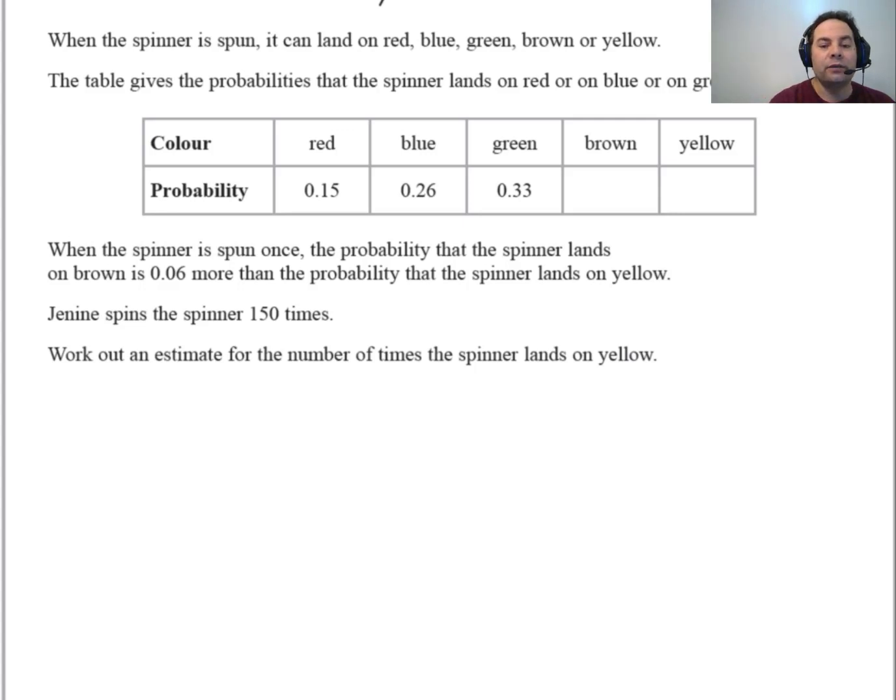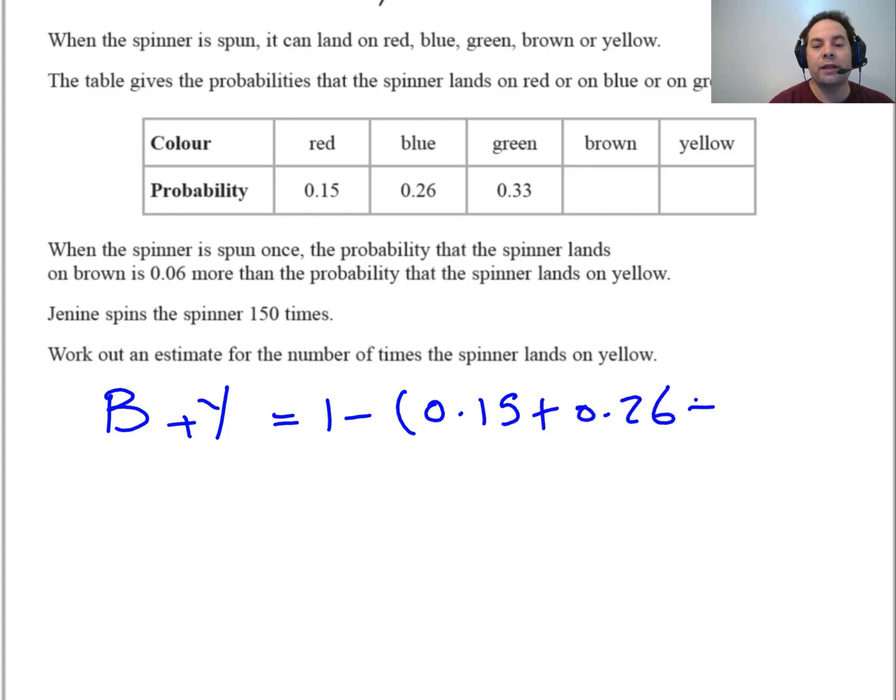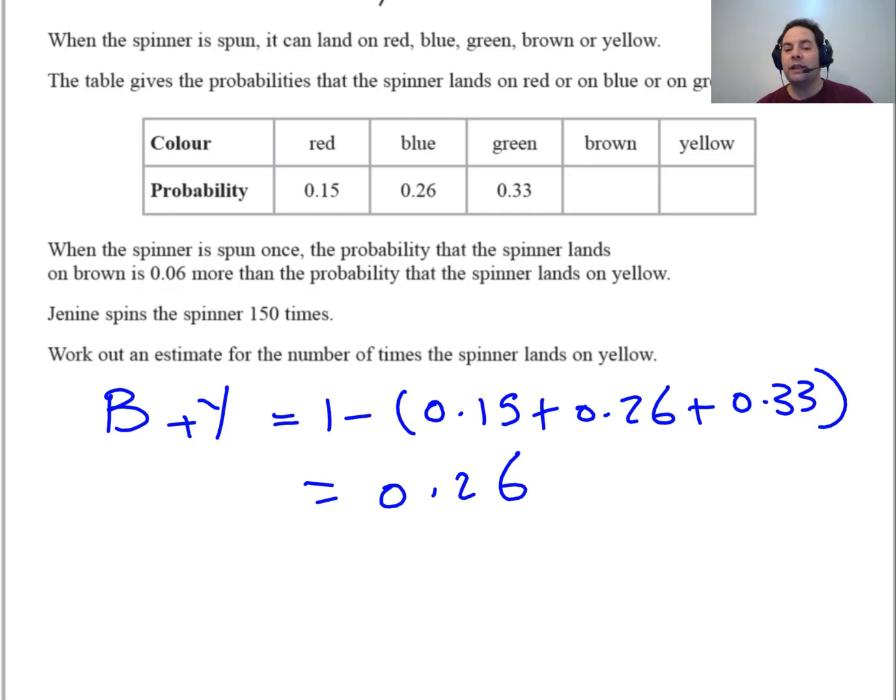Brown and yellow, let's say B and Y, is equal to 1 minus the sum 0.15 plus 0.26 plus 0.33. This answer gives 0.26. If it is written equally, so divided by 2.